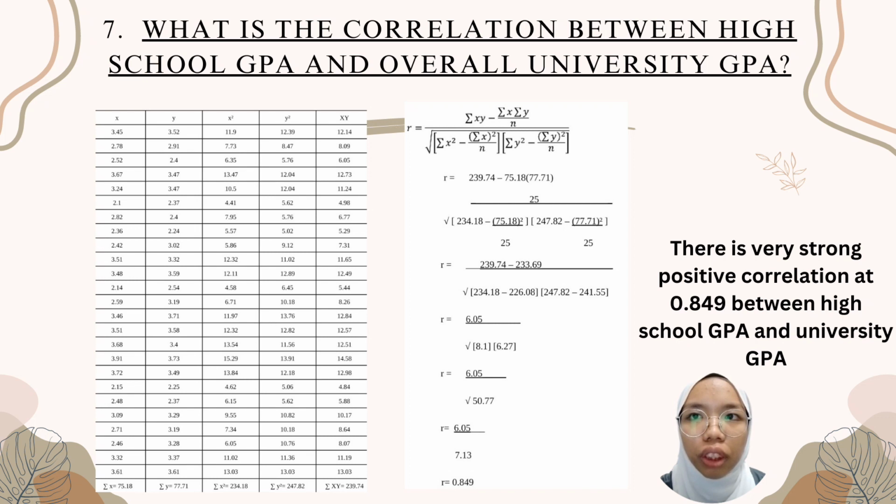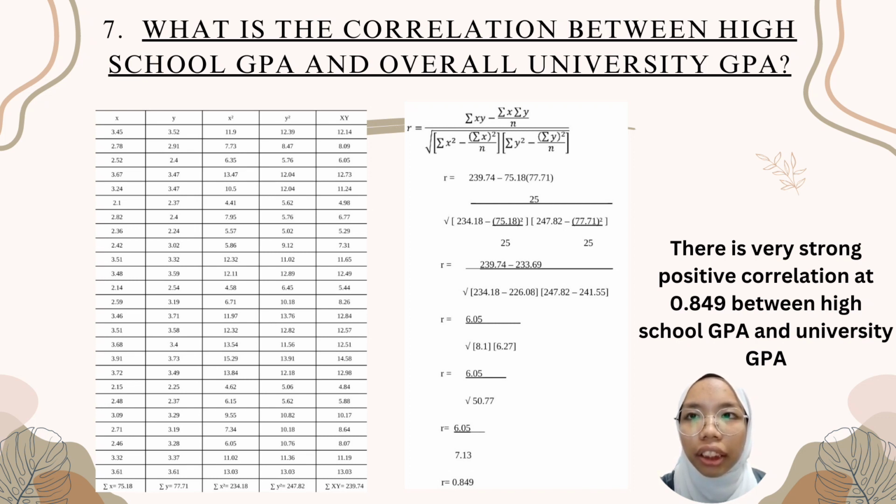239.74 minus 75.18 times 77.71 divided by 25, divided by root of 234.18 minus 75.18 squared divided by 25, times 247.82 minus 77.71 squared divided by 25.